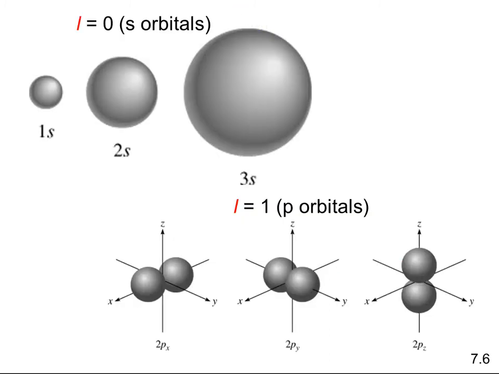For example, look at the 3 spheres, 1s, 2s, 3s. In this example, the 1, the 2, and the 3 indicate the shell. The S indicates the subshell. There's only, in this case, one subshell to the shell.